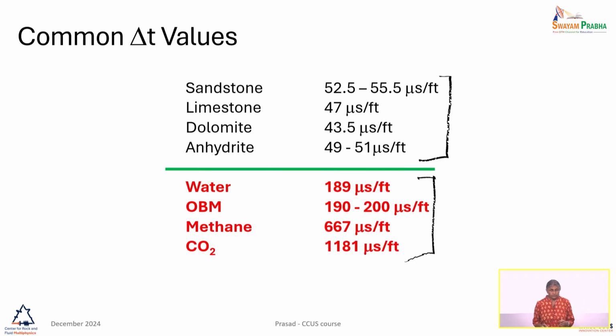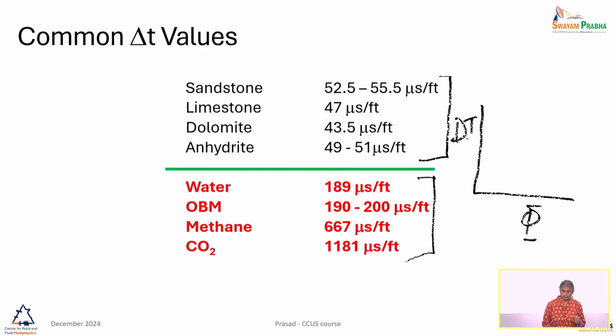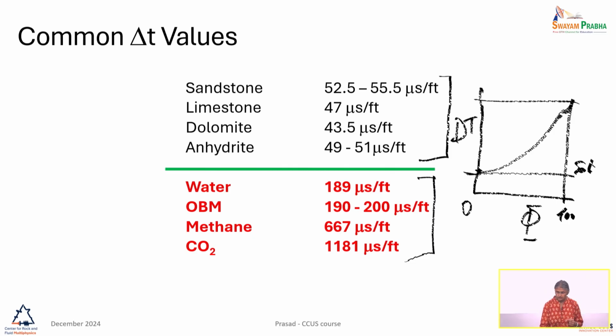And so it's one of the reasons why a simple porosity-dt relationship works. You can get this sort of a relationship where at low porosity you have low dt, that's my mineral point, and as you get to higher porosity, this is 100%, this is 0, this is my mineral point, and this is my fluid point. So this is my mineral solid and this is my fluid. Because there is such a large contrast, that model works.